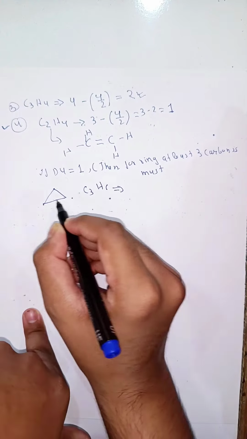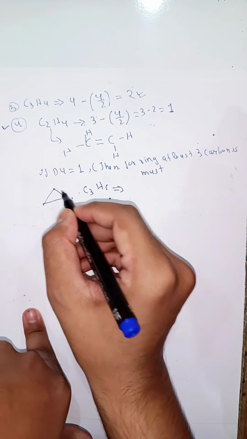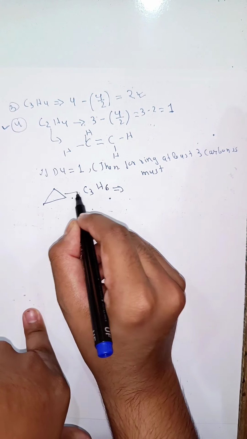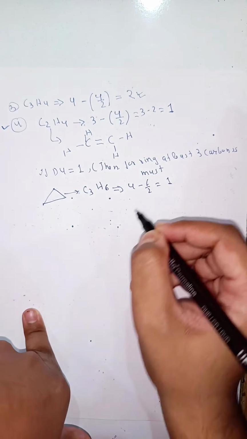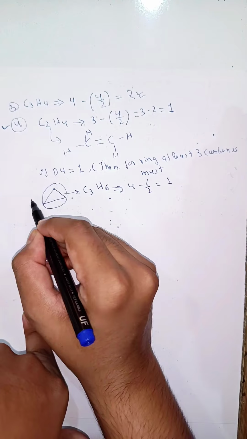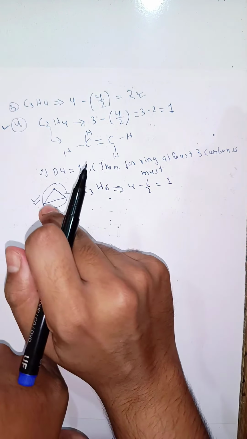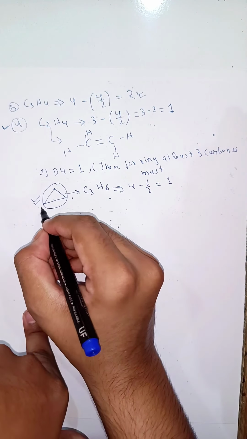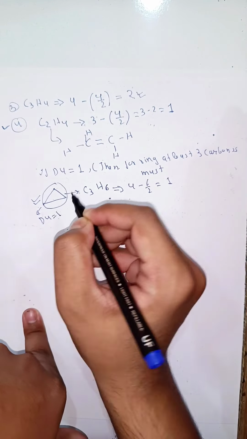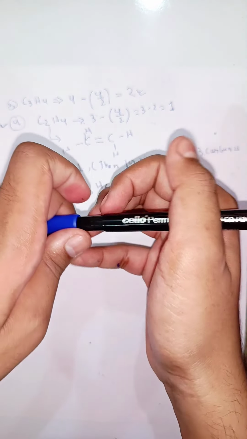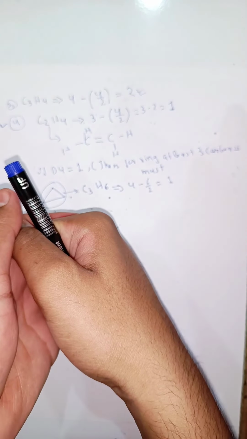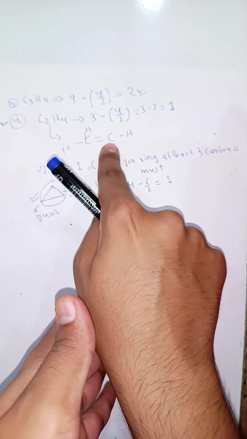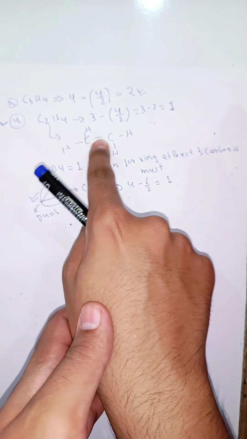As an example, the minimum compound that can exist with a DU of 1 is this, C3H6. Calculate its DU. It will be 1 obviously, since a ring is there. C3H6, 4 minus 6 divided by 2, that will yield 1. So this is the smallest compound which will be a ring and which will have a DU of 1. So a DU of 1 will not always represent that a ring will be created, because here no ring is possible with 2 carbons only.